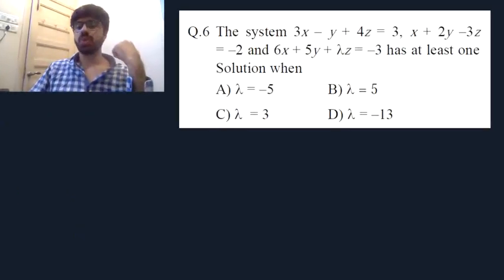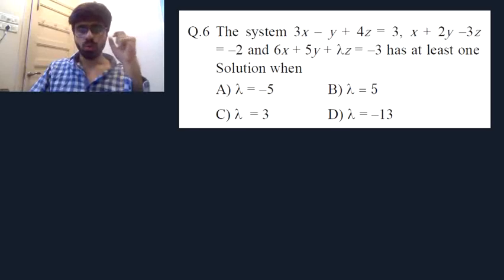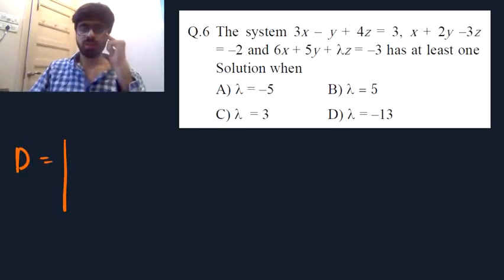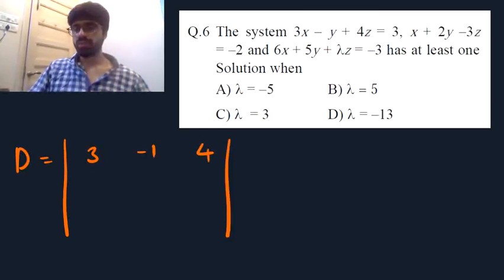Going ahead with the sixth one, the system of equations is going to have at least one solution when... so we have the determinant D written as 3, minus 1, 4, then we have 1, 2, minus 3, and then we have 6, 5 and lambda.